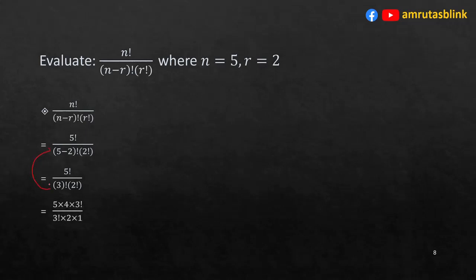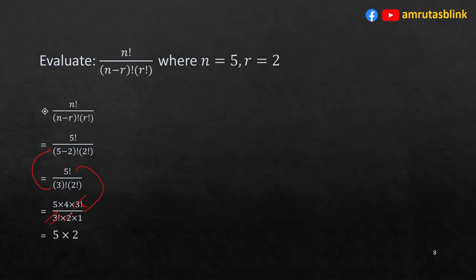So now again 5 factorial we will split up to 3 factorial. So 5 factorial we can rewrite as 5 into 4 into 3 factorial upon 3 factorial, and 2 factorial we will split as 2 into 1. So this 3 factorial will get cancelled, and then we have 5 into 4 upon 2 into 1.